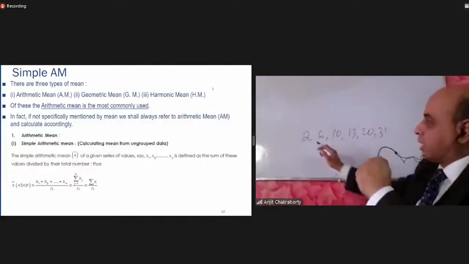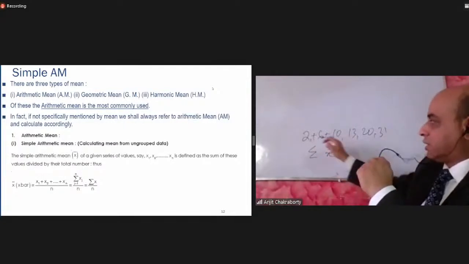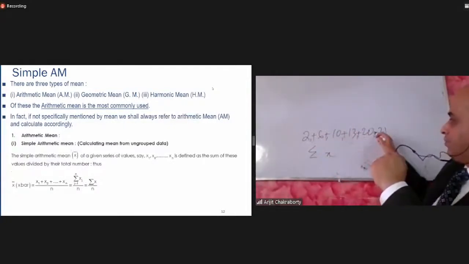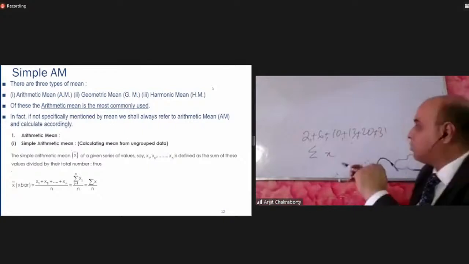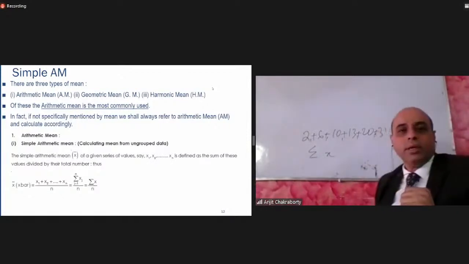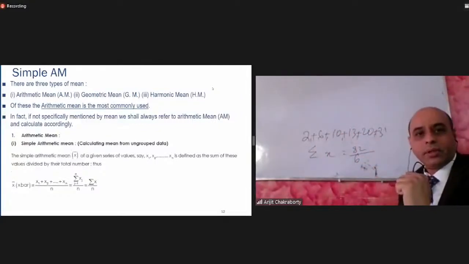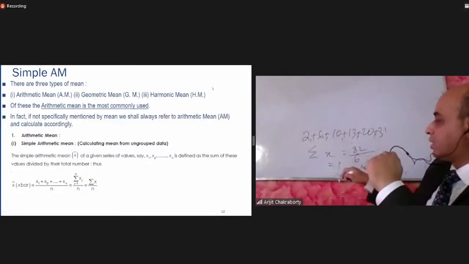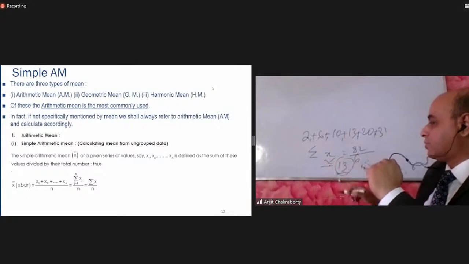If I want to find the average, I will just add, that is sigma x, which you can see on the slide. 2 plus 6 is 8, 8 and 10 is 18, 18 and 13 is 31, 31 and 20 is 51, 51 and 31 gives me 82. So I'm getting 82 divided by 6, which is around 13 point something, since 13 times 6 is 78, so approximately 13 point something.